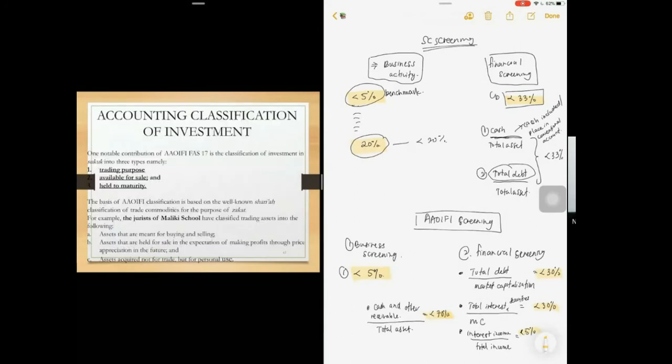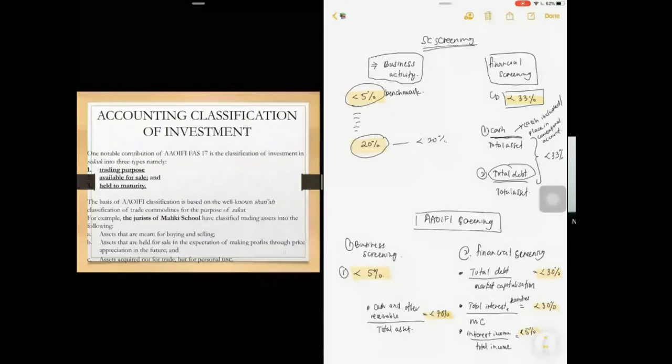Okay. Next. Ini adalah share tadi kan. Now kita move to the types of ataupun classification of investment. The share ataupun the sukuk tadi tu sama ada dia beli untuk trading purpose, sama ada untuk available for sale ataupun untuk held to maturity.